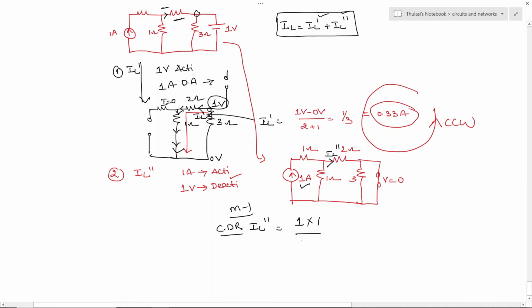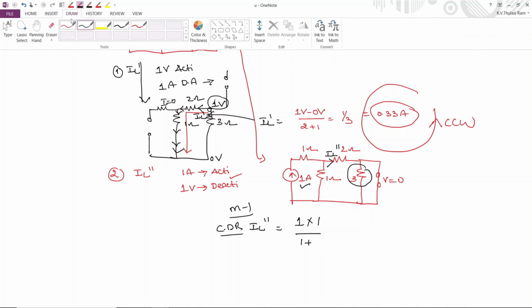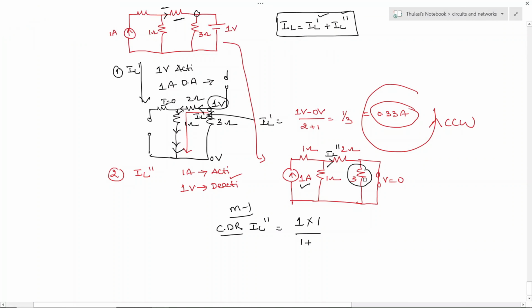1 divided by 1 plus, sorry, whenever this is shorted, there's no need of this resistor. Automatically we can see here, a short circuit parallel to a resistor means there's no need for it, so this will also act like a short circuit.